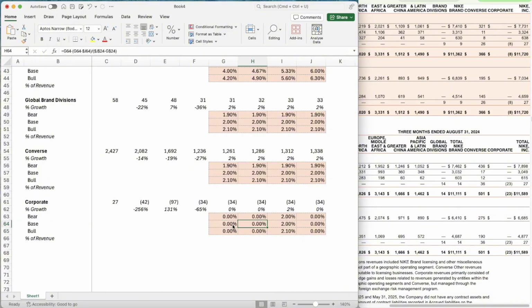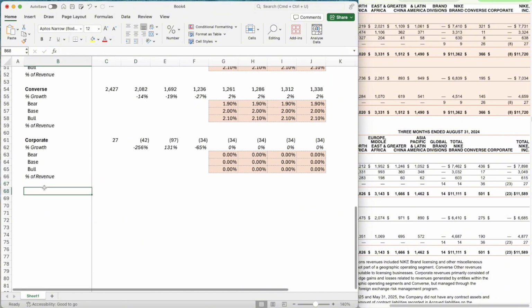Keep it at 0 there. Yeah. Pull this along. There we go. Yeah, that's it.